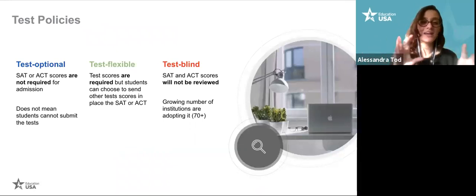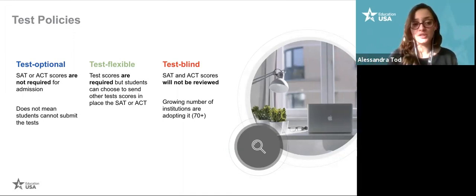So next, we are just understanding a little bit the three kinds of vocabulary or kinds of tests that you will find in universities. When the universities are saying that they are test optional, it means that they are not requiring any test for the admission. You can send it, but they are not requiring. If they are test flexible, it means that they do require the test, but you can choose to send another score in place of the SATs or ACTs.